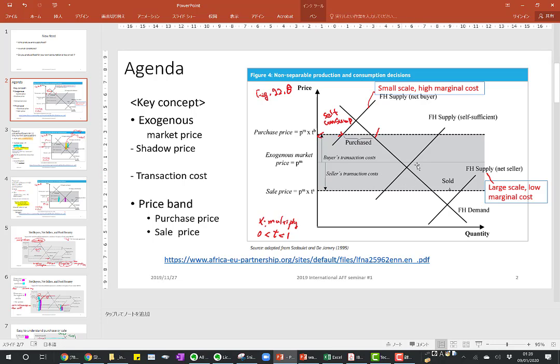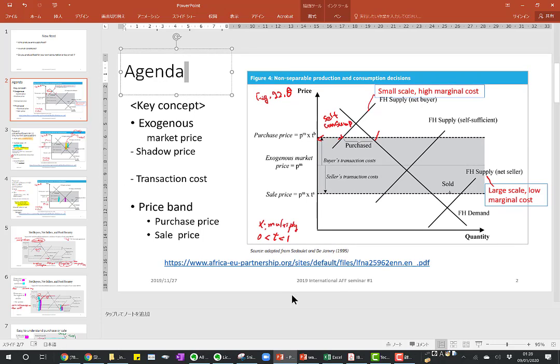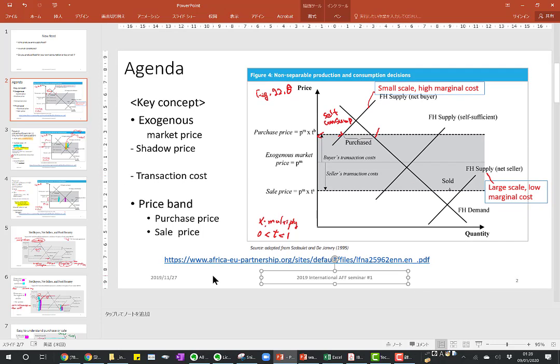So once this self-sufficient household produces the food under this situation, this type of household, which has the shadow price within this price bound, doesn't participate in the market, for both purchase and sale.